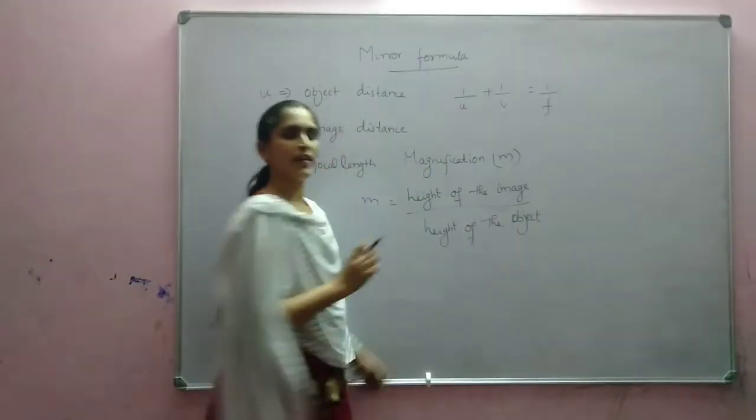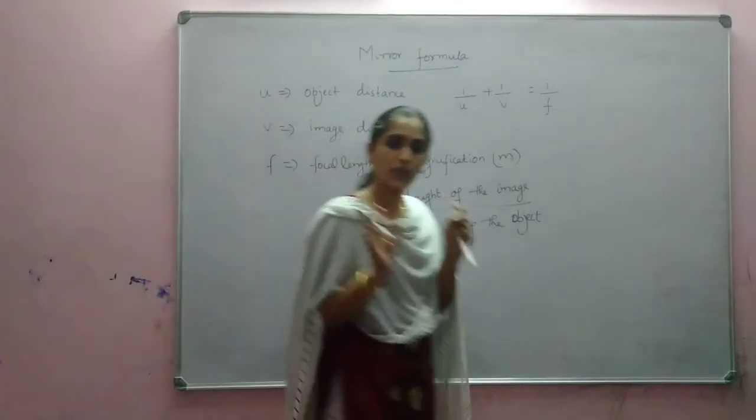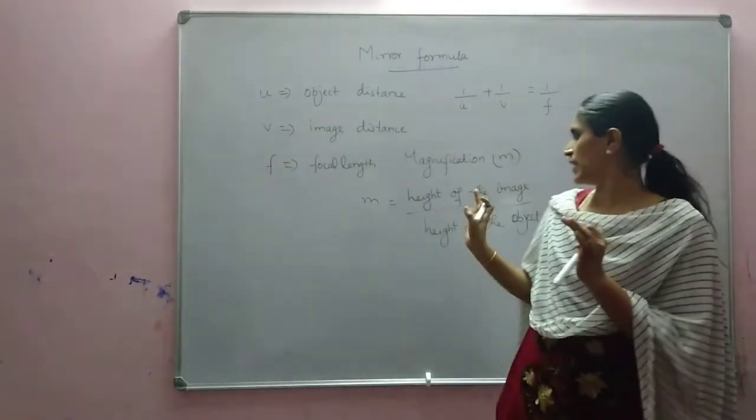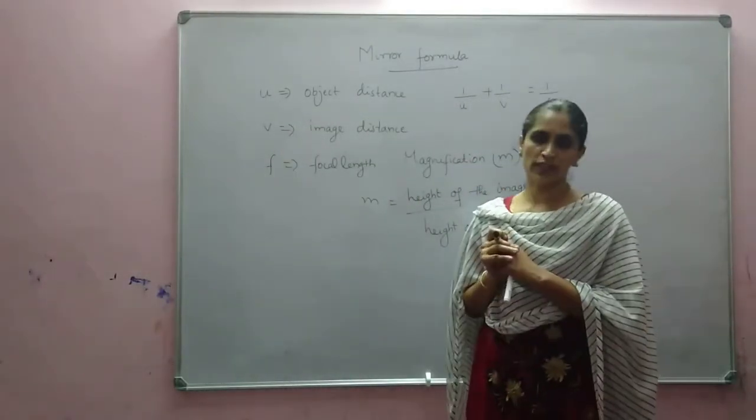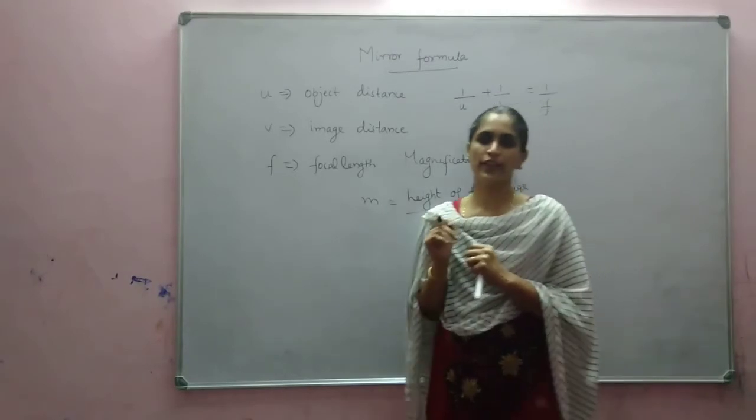Or we can define magnification as the ratio of the height of the image to the height of the object.